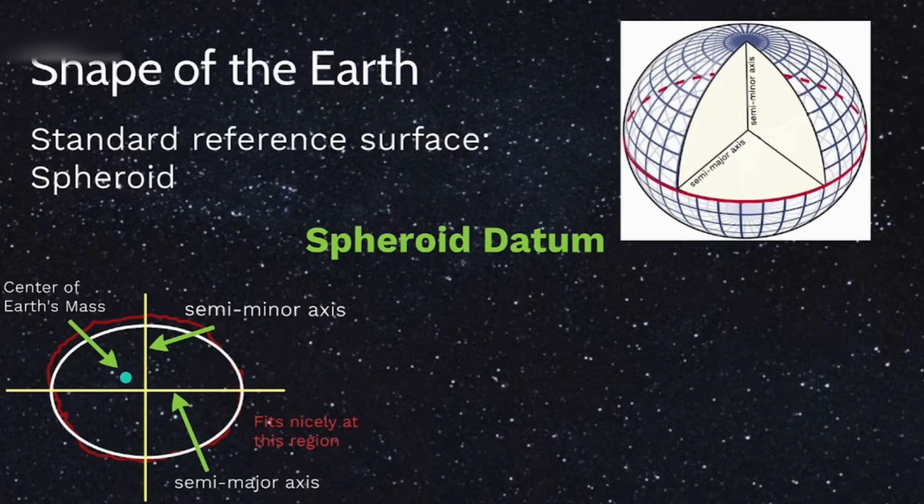We call this positioning of the spheroid a local datum because it better fits only a part of the Earth and allows more accurate mapping of that part of the Earth.